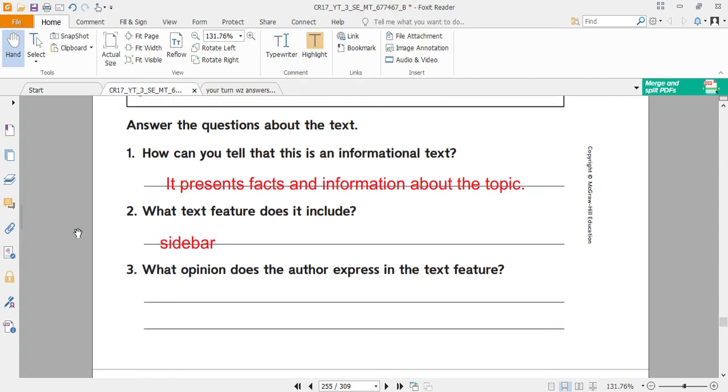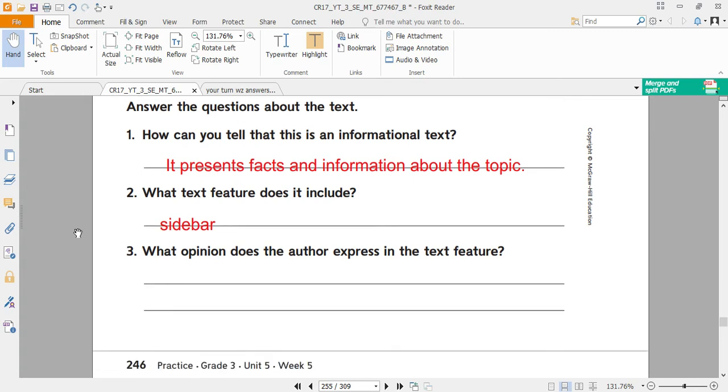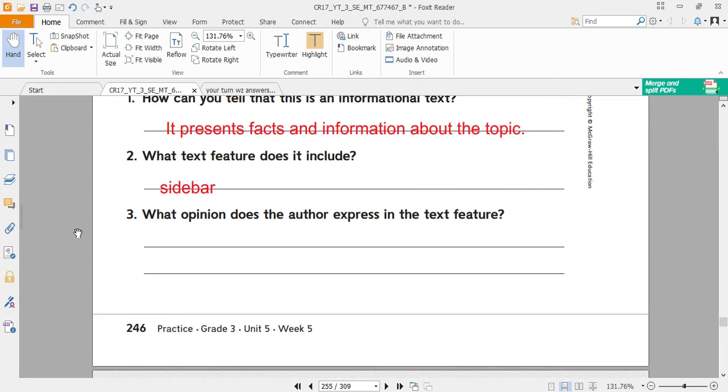Third question, what opinion does the author express in the text feature? What is his opinion here? Yes, that's right. The author thinks that we should continue to look for new energy sources to replace dirty fossil fuels, because dirty fossil fuels cause pollution to the Earth planet.